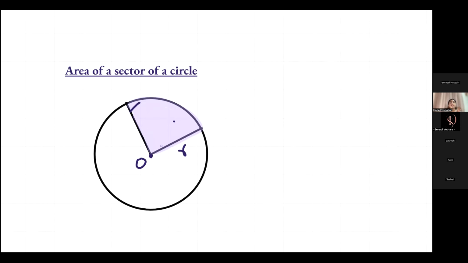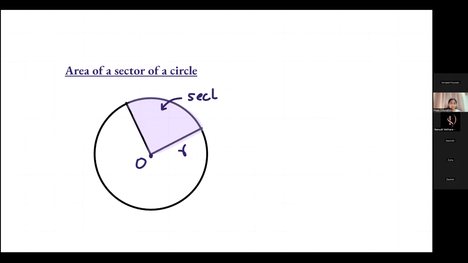If you take a sector, on both sides we have a radius, and that portion we call a sector. So this is called a sector.